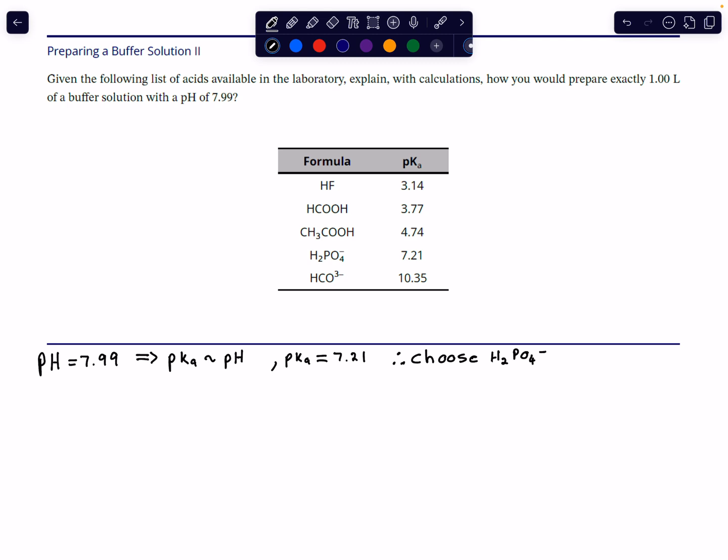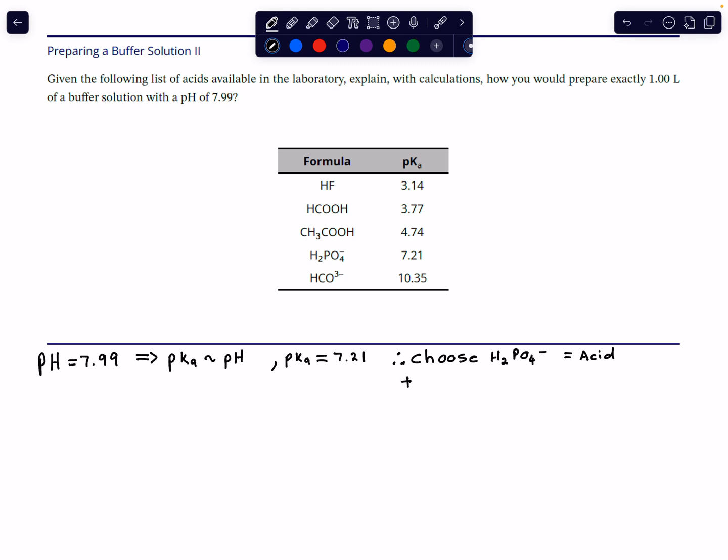Your question might be immediately, we choose dihydrogen phosphate, but is that then our acid or is it our base? The answer lies in the fact that it has a pKa close to our pH, meaning it is the acid. So if that is our acid, we still need to choose the conjugate base.